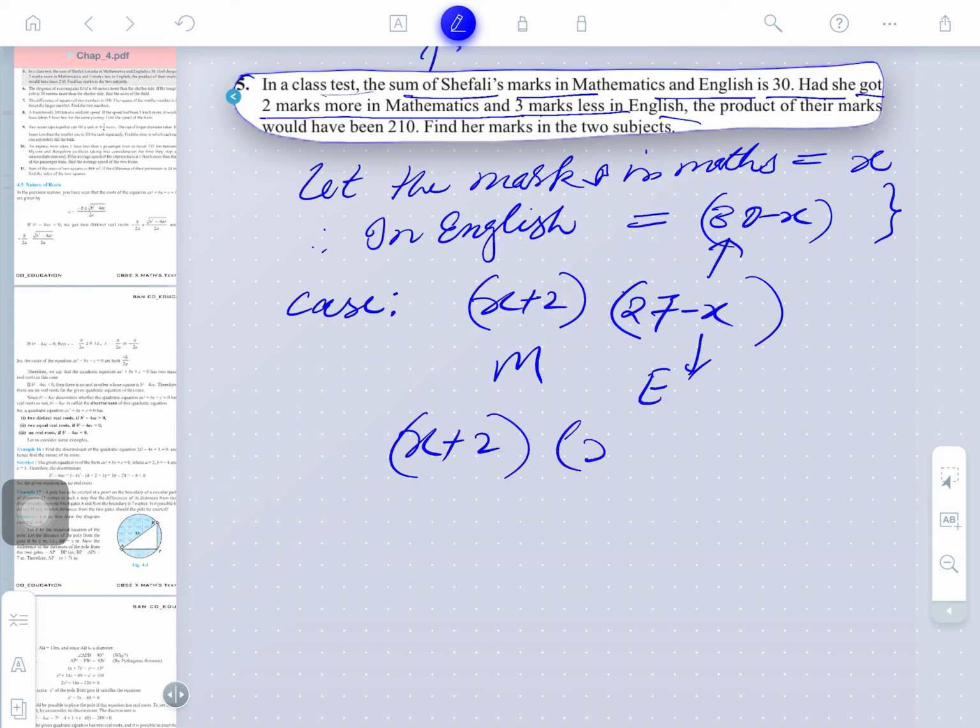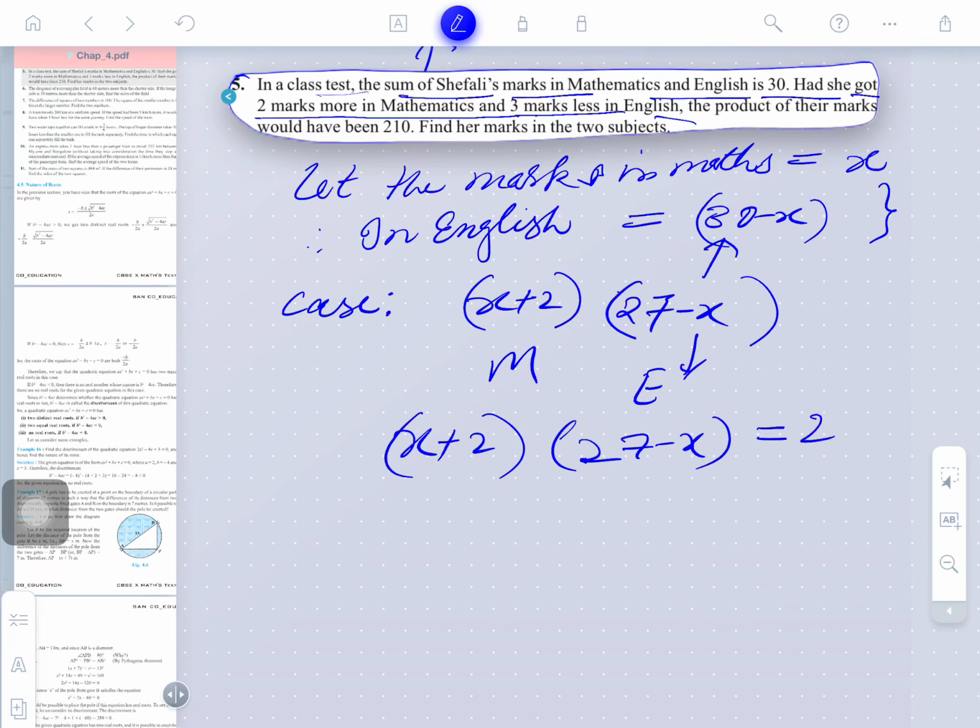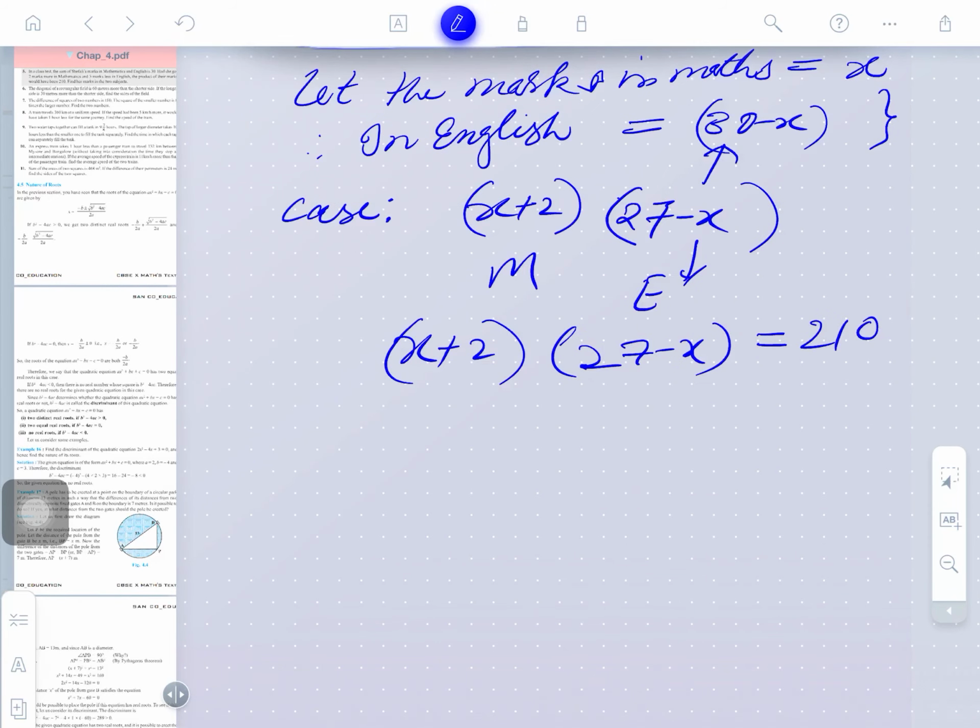According to the cases, x plus 2 and 27 minus x, their product would be 210. Resolve it. So it shall be 27x and x square also plus 54. I will suggest you not to multiply this. Okay, so 2 times 27 is there, and 2x is also there, and 210.